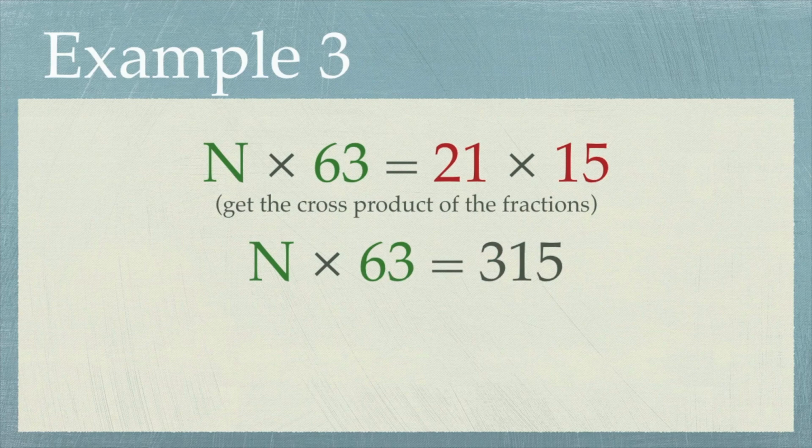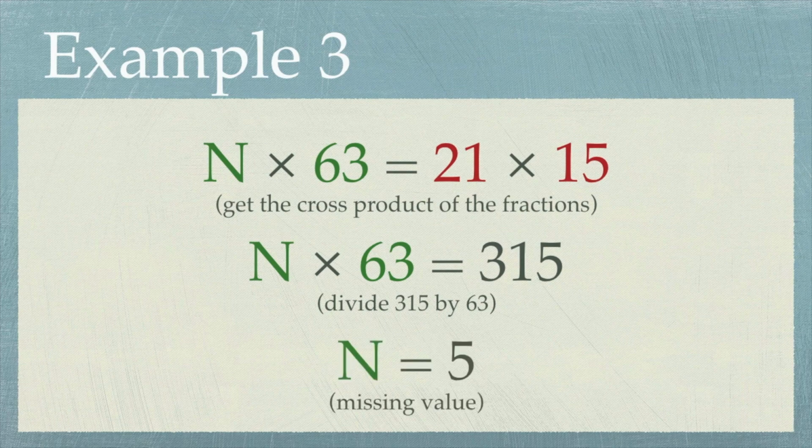It doesn't matter if you multiply the values on the left or the right side of the equation, as long as the part with the missing value, the n, you don't need to solve it at this step. Okay, so now divide. 315 divided by 63. That is 5. Copy n.